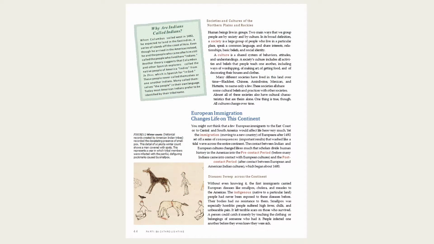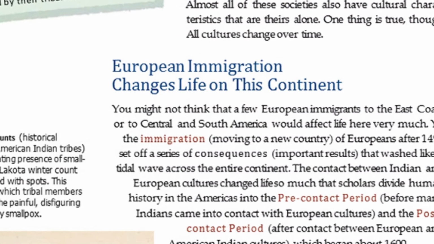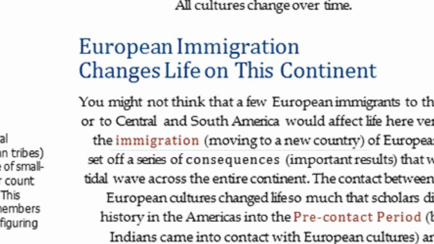This textbook has some of the most beautifully written parenthetical definitions for complex words that are built into each and every sentence. And they're very clear and very simple. So I'm going to look at page number 44 and have you take a look at some of these terms that are parenthetically defined within the context of the text.